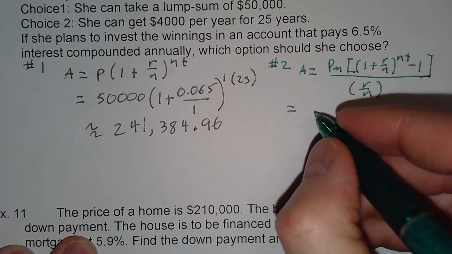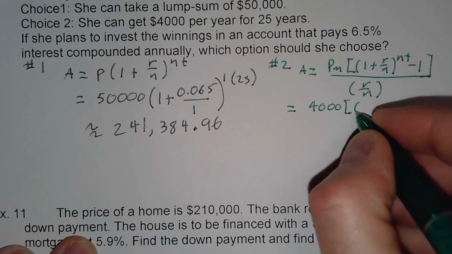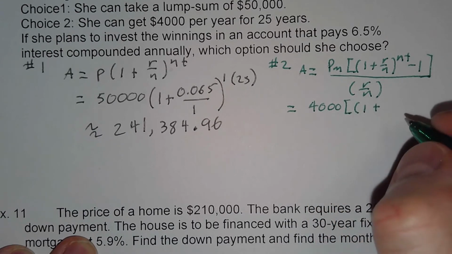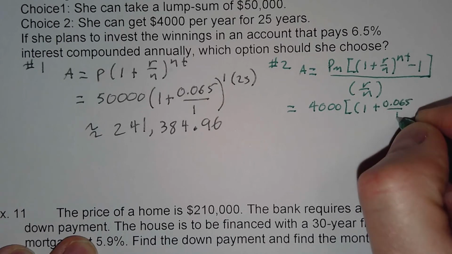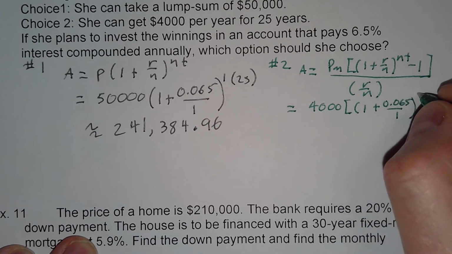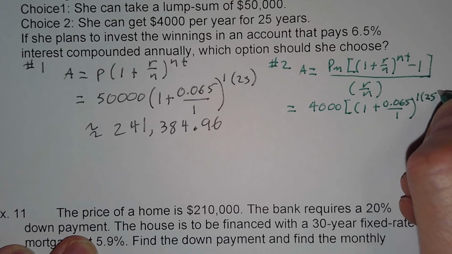So our P here is going to be 4,000. R here is still 0.065, and N here is still 1. T is 25.